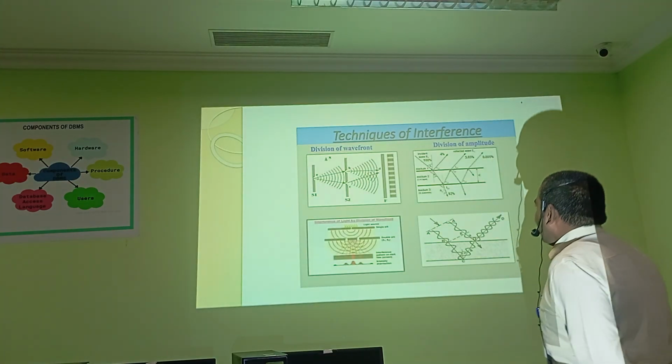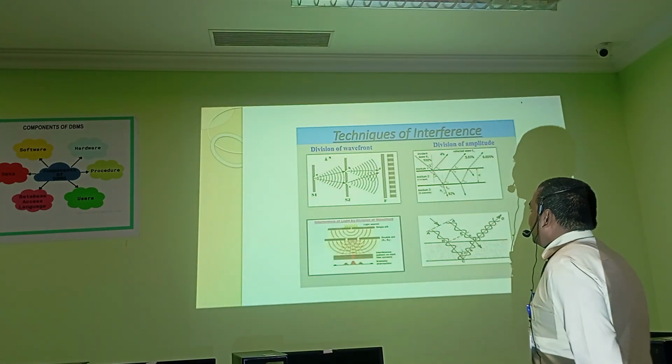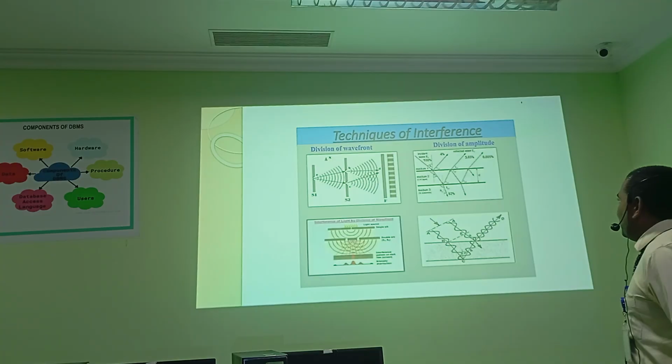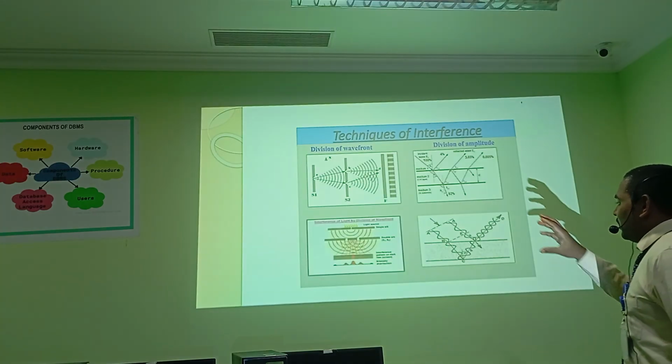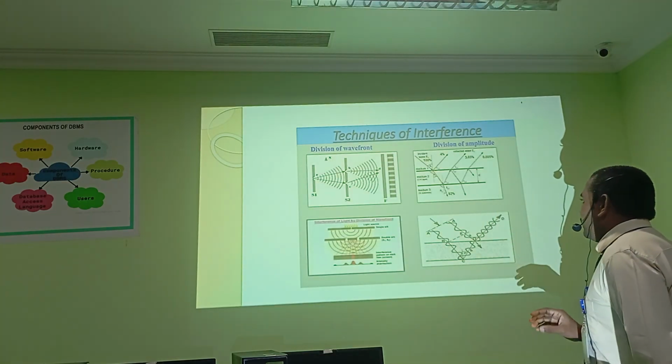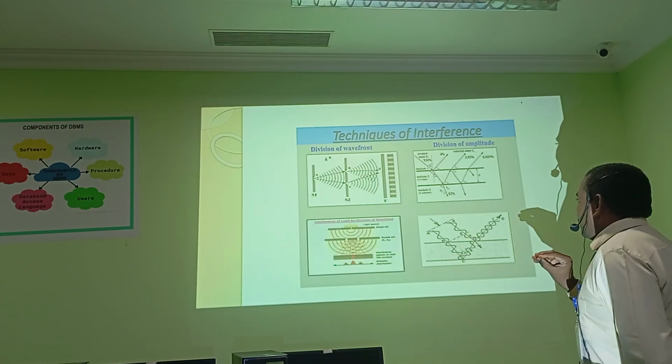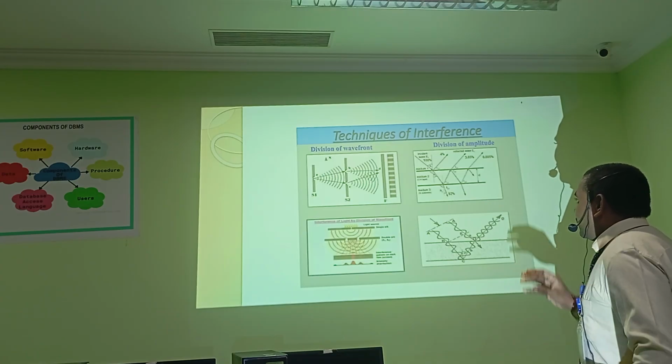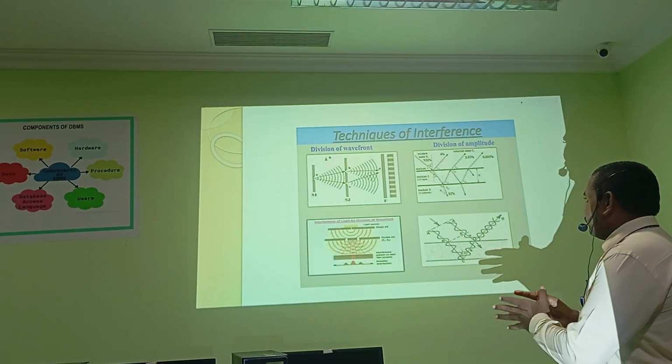The techniques of interference are division of wavefront and division of amplitude. These involve wavelength, amplitude and intensity. The slits are S1 and S2.